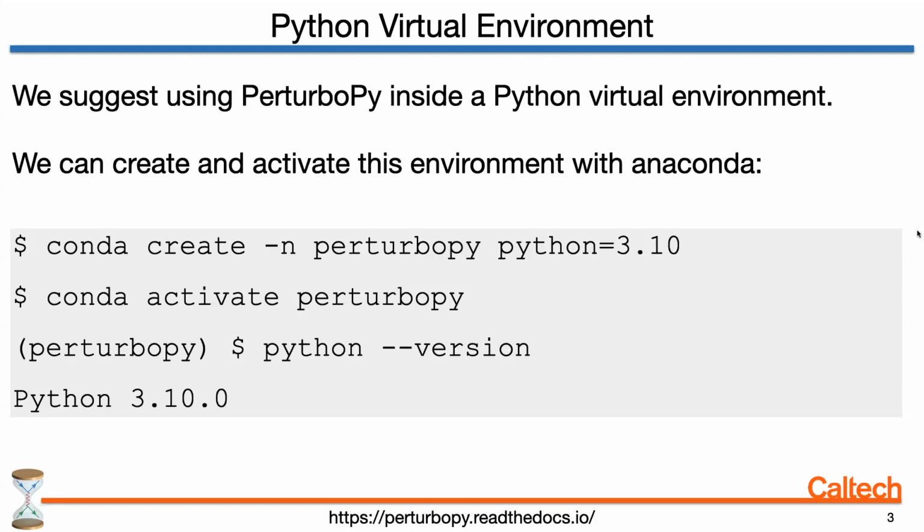Then to activate the virtual environment, you type conda activate PerturboPy. Now you're inside the virtual environment called PerturboPy. You can test it's working by typing Python and checking the version. We would see Python 3.10, which is what we specified initially.